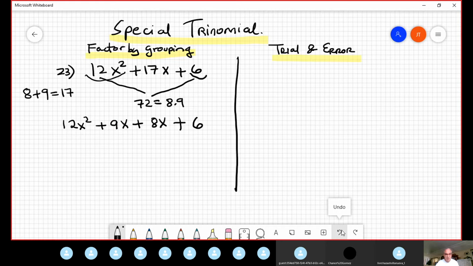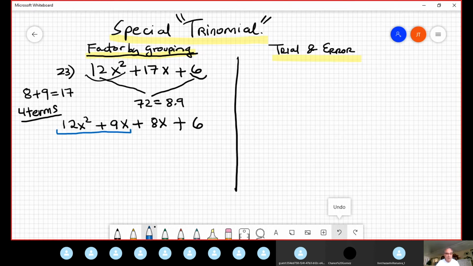Look, this is a trinomial, because there's 1, 2, and 3 terms. And this is a polynomial with 1, 2, 3, and 4 terms. When you have four terms, you always apply grouping. That is the name of the method. The thing we did is conversion from trinomial to polynomial. Now we are ready to apply factorization by grouping.